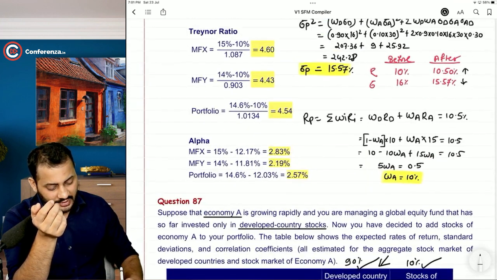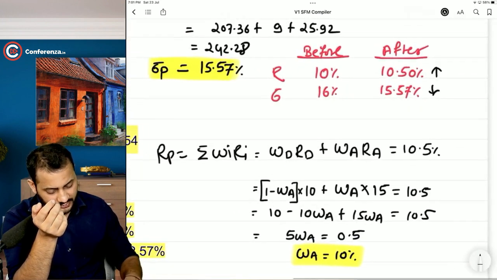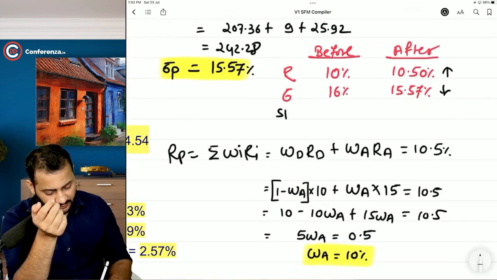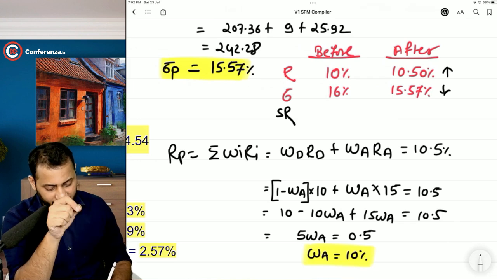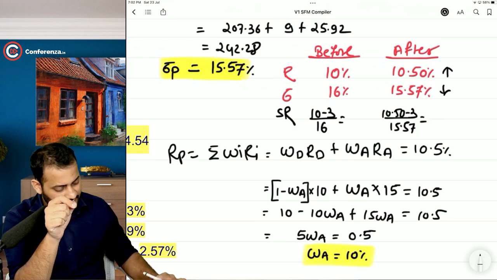So let's calculate (Ri minus Rf) divided by standard deviation for the before situation and the after situation. What is the formula for Sharpe ratio? Ri minus Rf, so 10 minus 3 divided by standard deviation 16, am I right? And 10.50 minus 3 divided by standard deviation 15.57. Let's find out.